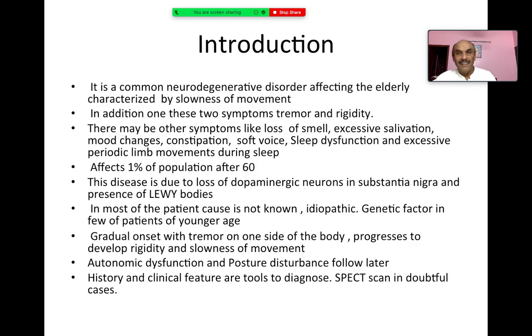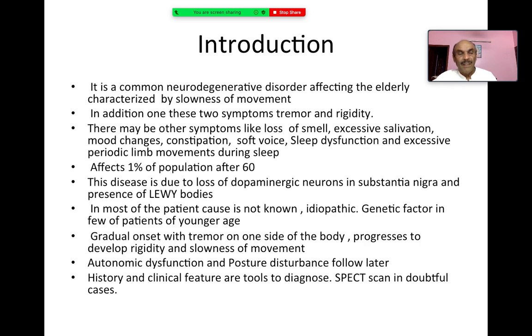Parkinson disease is a common neurodegenerative disorder affecting the elderly, characterized by slowness of movement. In addition to the slowness of movement, there could be one of two symptoms, that is tremor and rigidity.